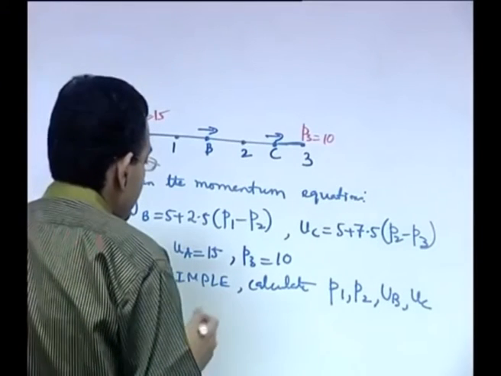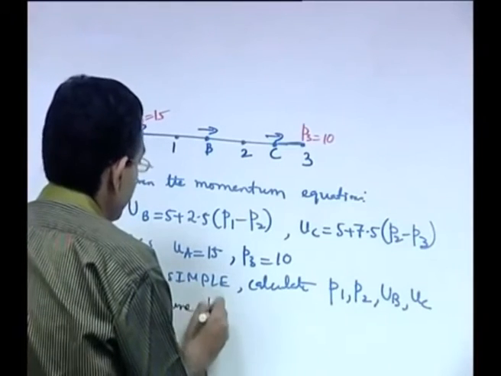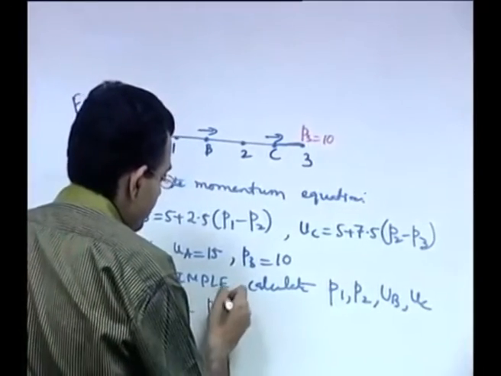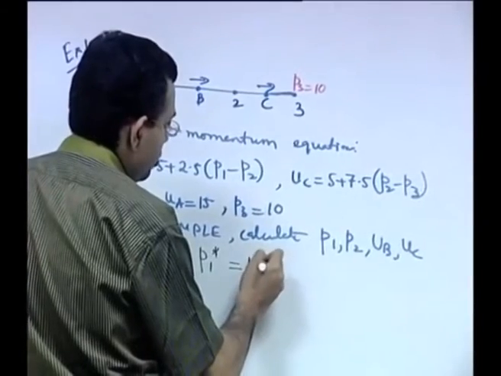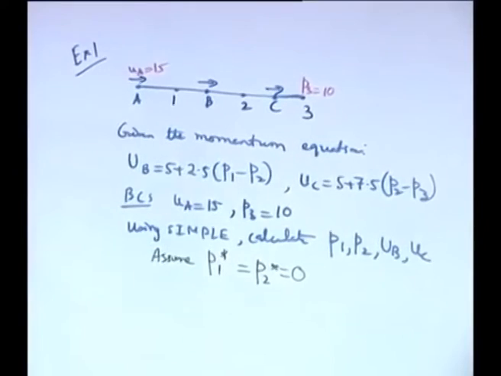So, let us say that P1 star equal to P2 star equal to 0. Clearly these are very wrong choices.